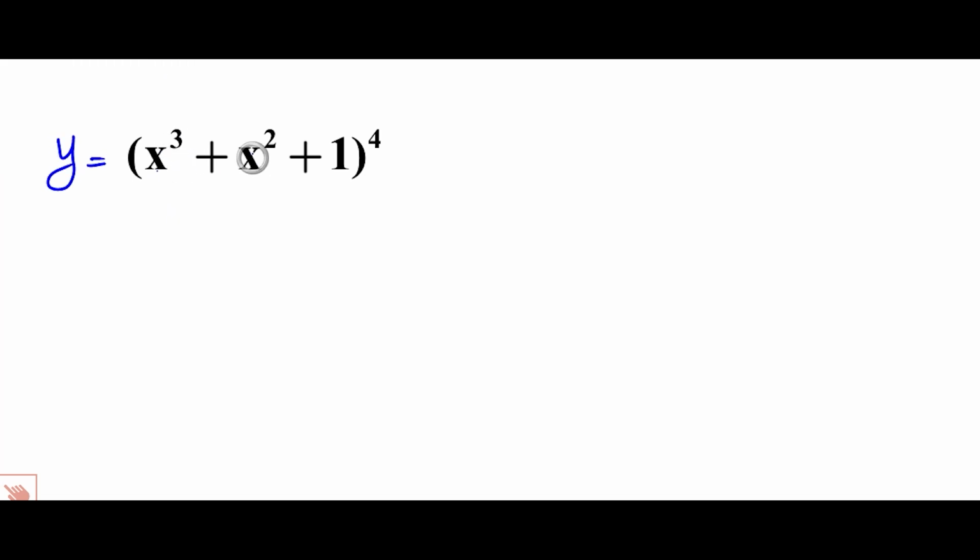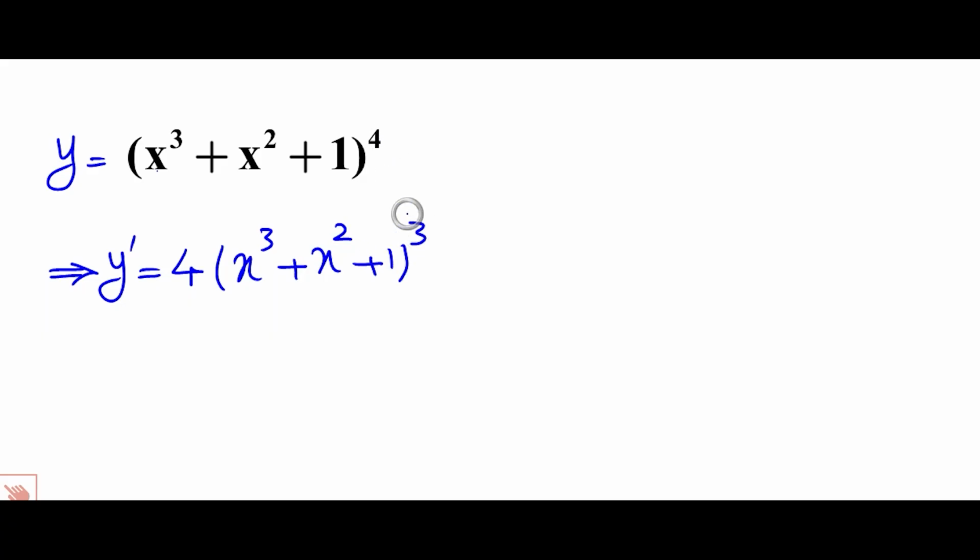Number 2, if y is equal to x cubed plus x squared plus 1 to the 4th power, so y prime is equal to, first bring the exponent down, 4 times, subtract 1 from the exponent, meaning x cubed plus x squared plus 1 whole cubed, 4 minus 1, times the derivative of the inside function, meaning x cubed plus x squared plus 1 prime.